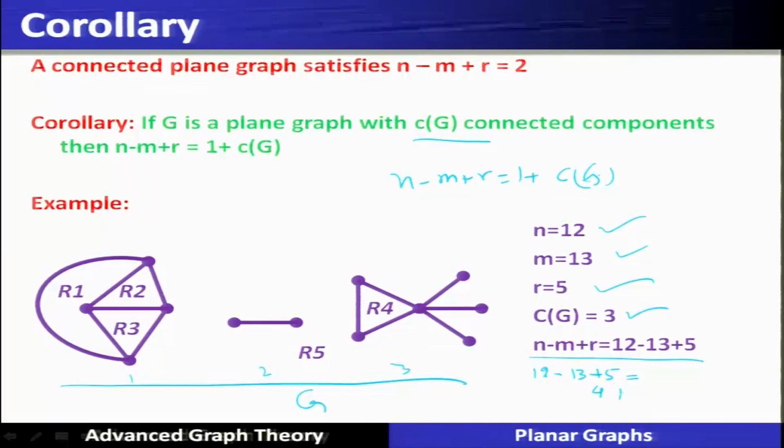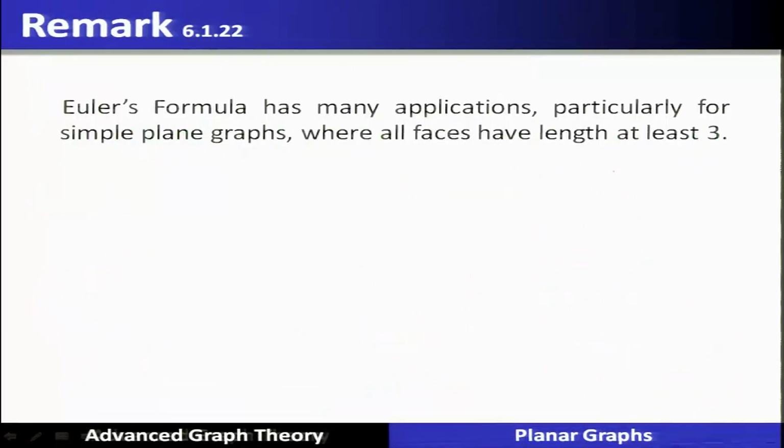So, 4 means 1 plus 3, and 3 is the number of connected components. So, this particular formula is satisfied in this example. Hence, this particular corollary is taken into account with Euler's formula.